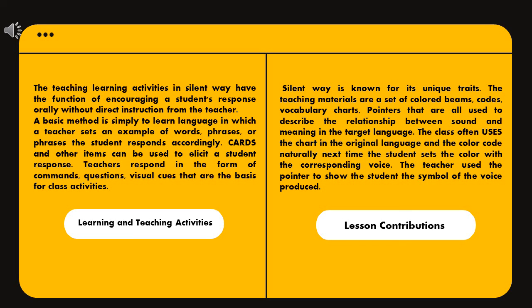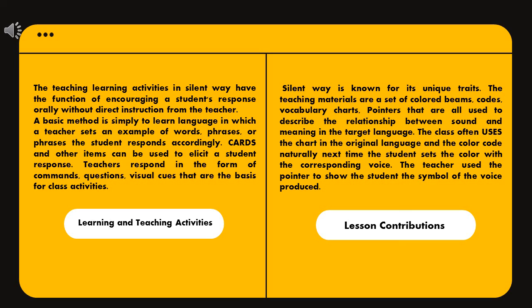Lesson contributions. The Silent Way is known for its unique traits. The teaching materials are a set of colored beams, codes, vocabulary cards, and pointers that are all used to describe the real relationship between sounds and meaning in the target language.